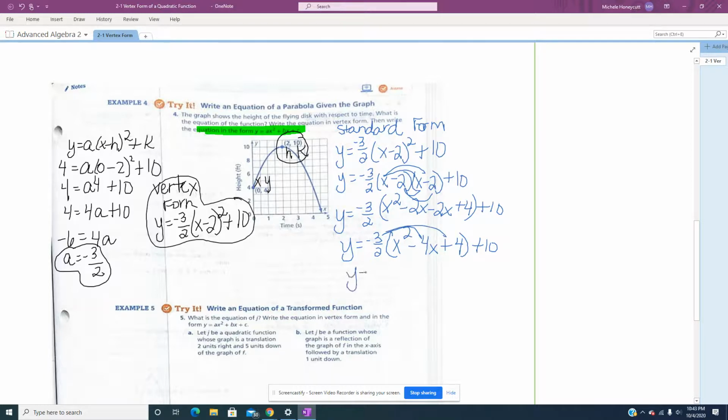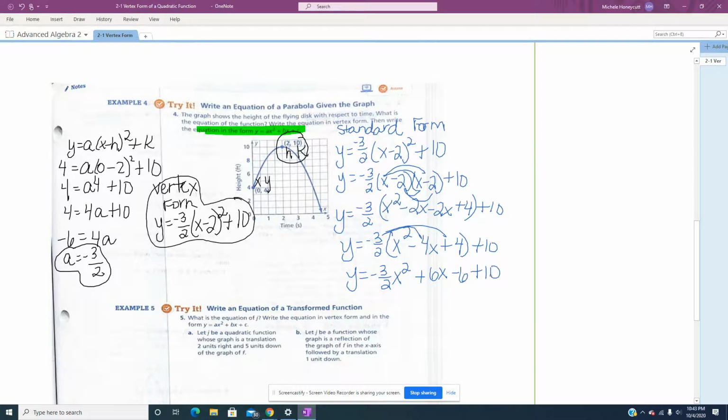So y equals negative 3 halves x squared plus, let's see, negative 3 halves times negative 4 is plus 6x minus 6 plus 10.